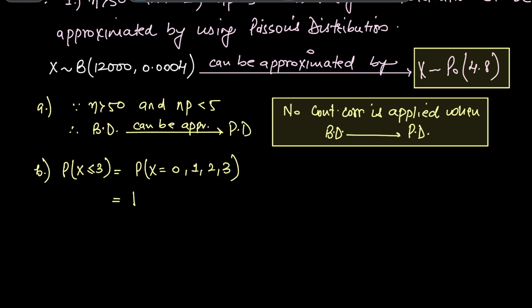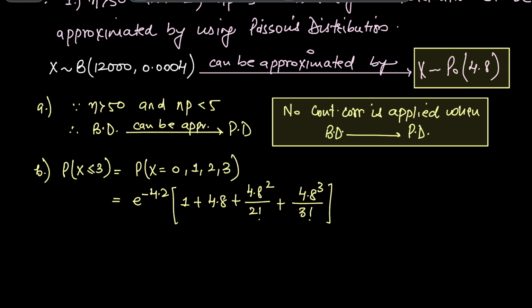So we will write e raised to the power minus 4.8, bracket open. For 0 it is going to be 1, for 1 it is 4.8, and for the other values I will write 4.8 raised to the power 2 over 2 factorial. Then I will write 4.8 raised to the power of 3 over 3 factorial, close the brackets. Now we will use our calculators to find the answer as 0.294. So this is the final answer after calculating by using a calculator.